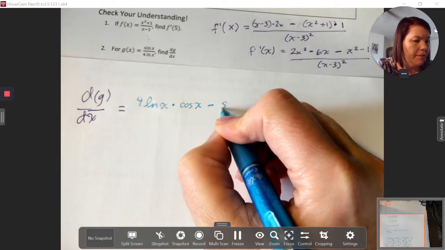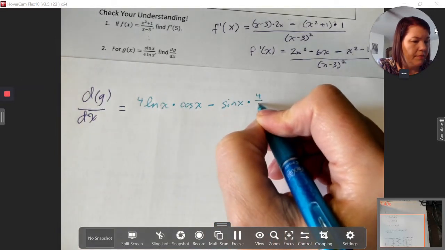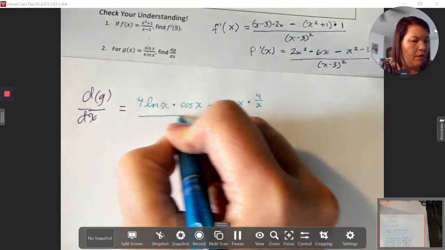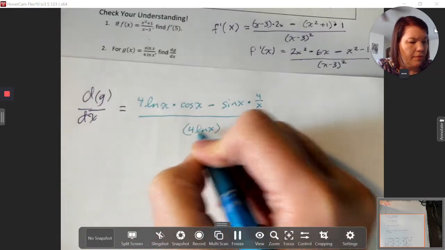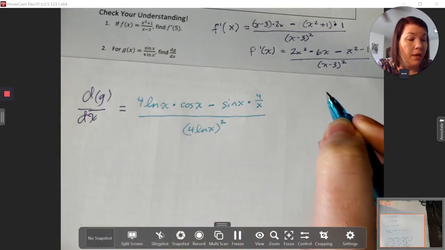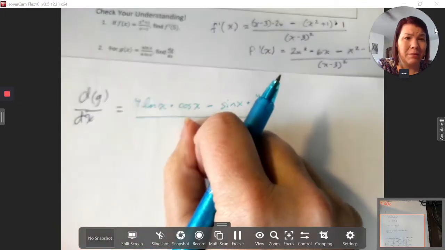minus up, derivative of down, all over down squared. Okay, technically we're finished. We're just going to clean it up a tiny, tiny bit.